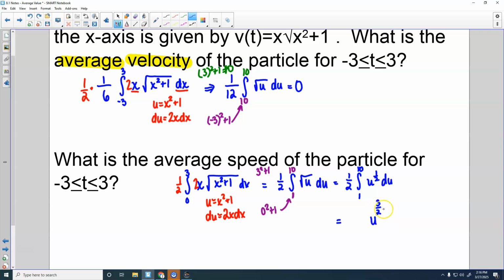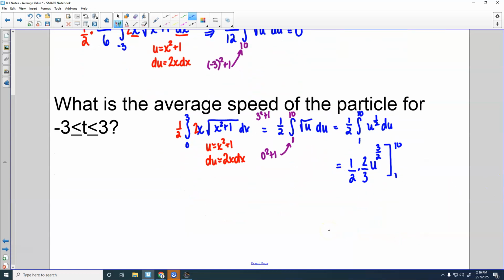3/2, and then divide out front by 3/2, which will be 2/3, but I also have that 1/2 that's out there. And I need to evaluate this from 1 to 10. So I will get 1/3 there. I can go ahead and put these two things together.